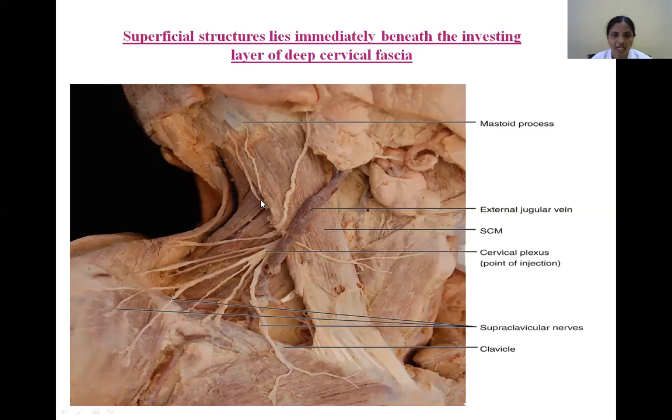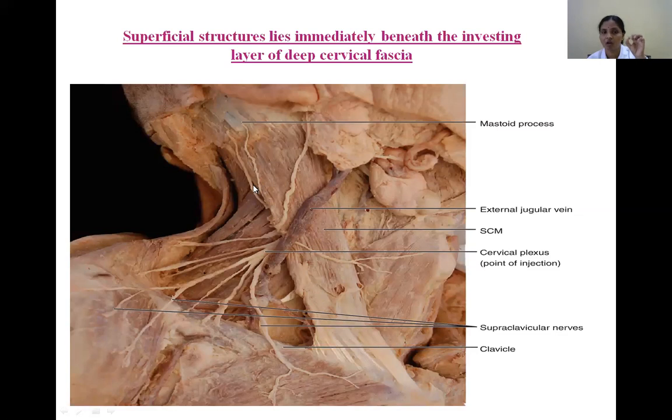Then the other important one, now, this is the lesser occipital nerve. So it is exactly from this midpoint, it ascends along the posterior border of the sternocleidomastoid. So these are the structures by dissection we are identifying in relation to this sternocleidomastoid, right? So one is obliquely coursing upwards, one is ascending vertically along the posterior border of the sternocleidomastoid.